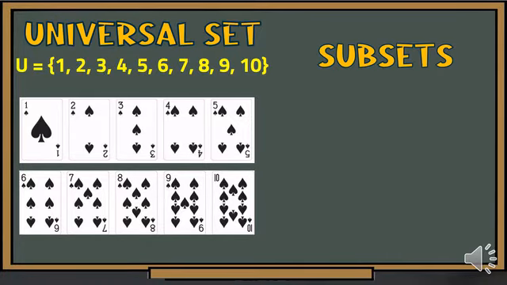What is a subset? As the name suggests, it is a subcollection of any set. A subset is part of a universal set. It is a subcollection of any set.